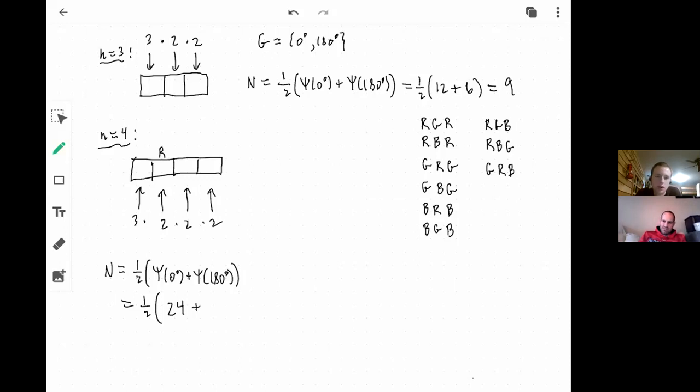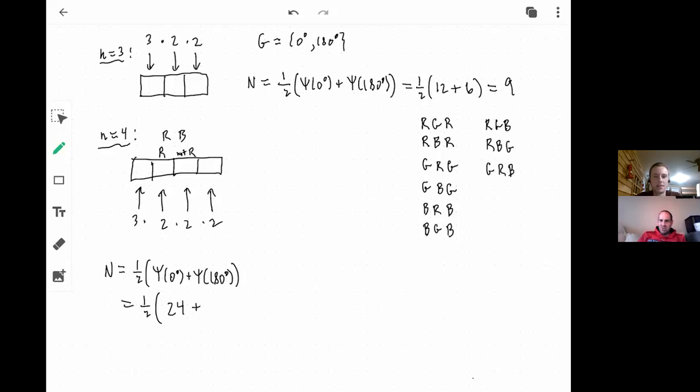Something other than red, right? Right. And if I rotate that by 180 degrees, I'm going to get something different. So it's going to be like red, blue. But then if I rotate it by 180 degrees, I'm going to have blue, red right there in the middle. Does that make sense? Yes.